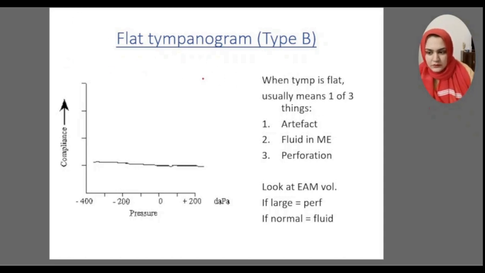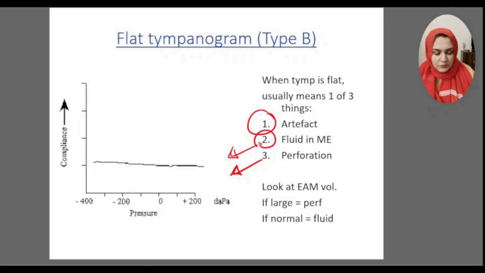Now see, like I've mentioned here, when the tympanogram is flat, it usually means one of three things. It can be an artifact, it can be fluid in the middle ear, and there can be perforation. So now you should tell me in which condition there is fluid in the middle ear. There can be thick fluid, there can be thin fluid.